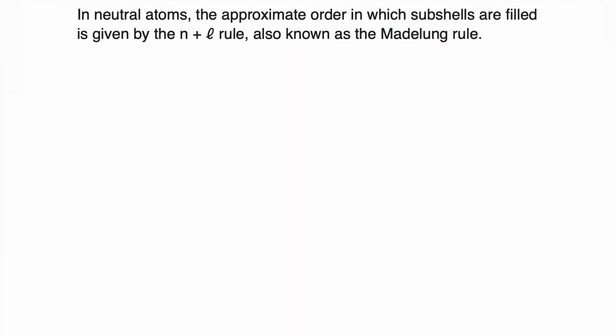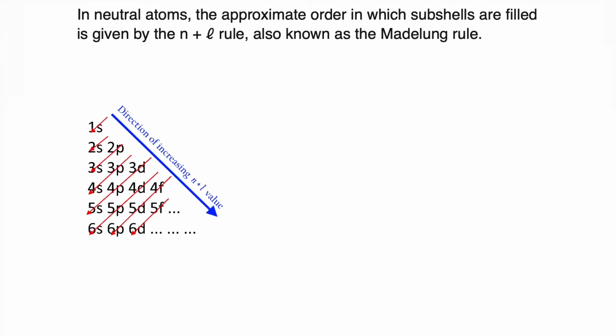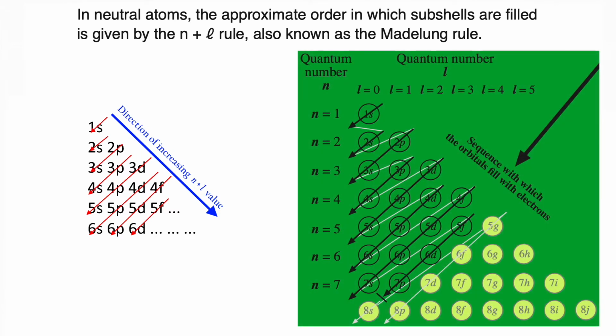Well, in neutral atoms, the approximate order in which subshells are filled is given by the n plus l rule, also known as Madelung's rule. So we can see the orbitals fill 1s, 2s, 2p, 3s, 3p, and another diagram showing essentially the same thing.